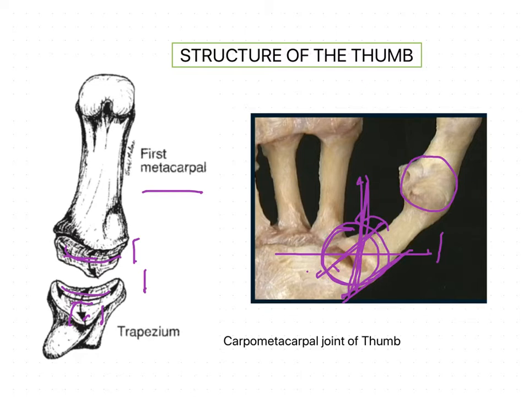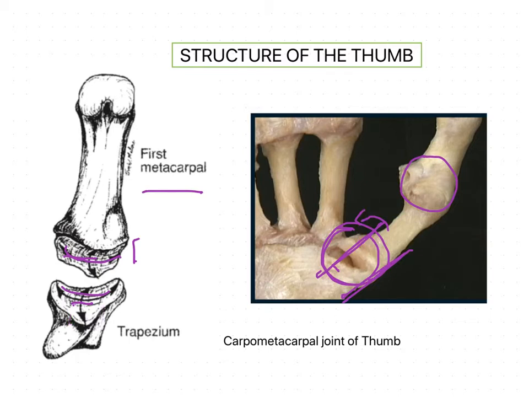Then if you see the axes, flexion and extension of the joint occur around a somewhat oblique AP axis, whereas abduction and adduction occur around an oblique coronal axis.